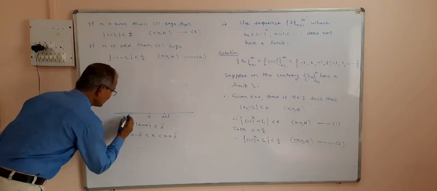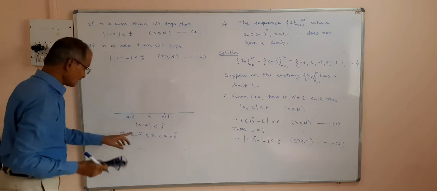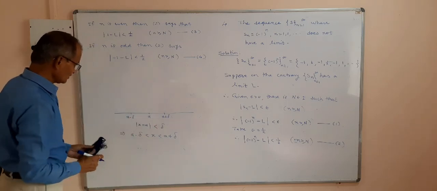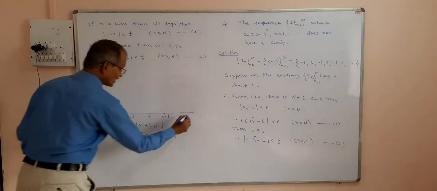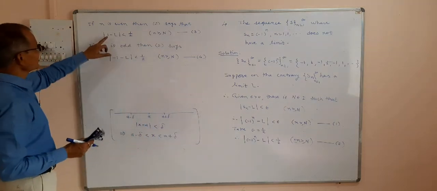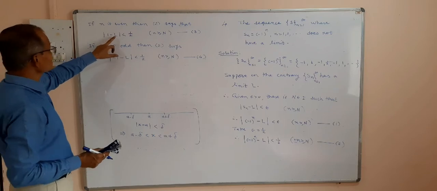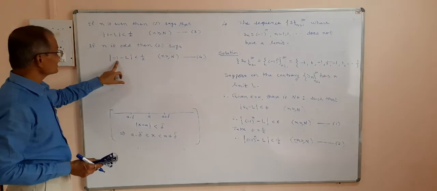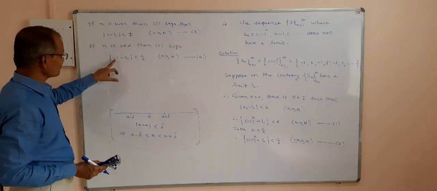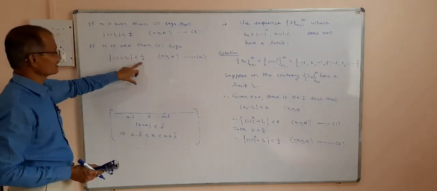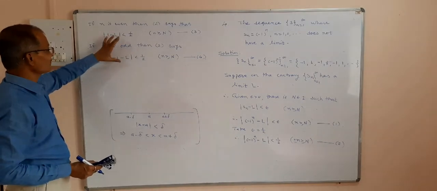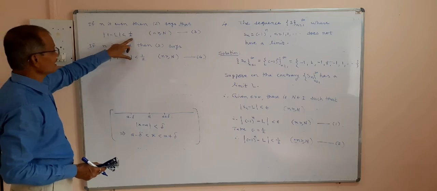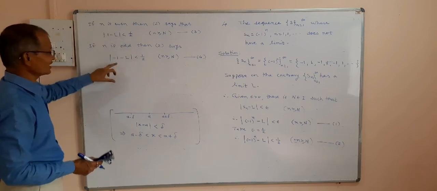So x lies within this interval. This is the implication of absolute value. So |1 - L| < half means the distance between L and 1 is less than half, and the distance between -1 and L is also less than half. So both mean that L is within distance less than half from 1 and -1.